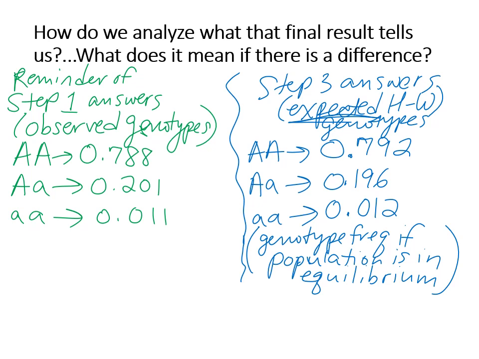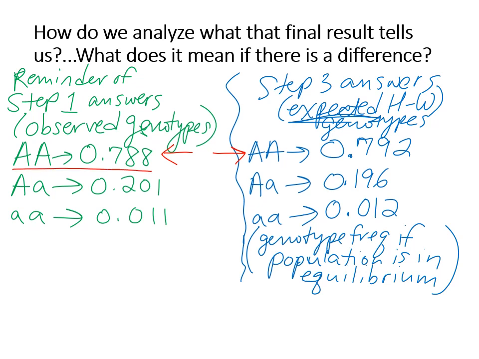Well, we compare what we actually see in the population with what we would expect in equilibrium. So for instance, our population has 0.788 or 78.8% homozygous dominant. Okay, so I'm referring to the first one here.